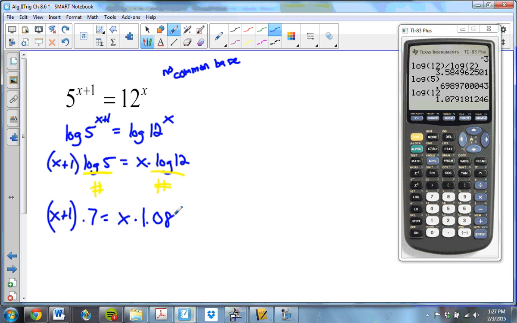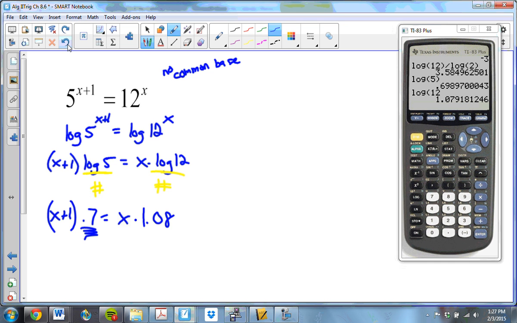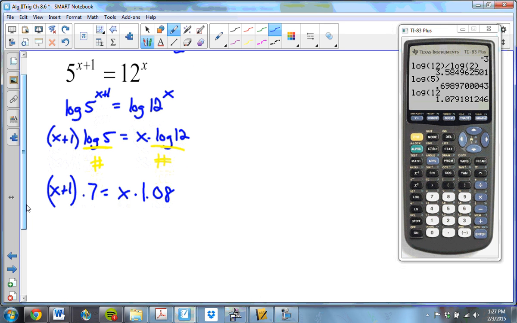And instead of working with these numbers, I'm going to work with the numbers stored in my calculator. You'll notice I never type in 0.7, I'll always just type in log 5. So now I solve this and I have, well, let me go back a little bit.